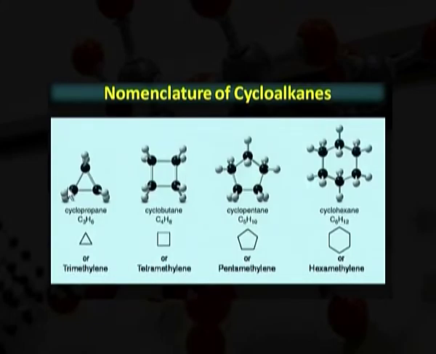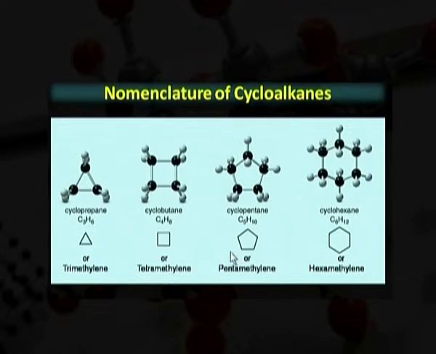This structure shows molecular formula C3H6 and the name is cyclopropane, or it is also known as trimethylene. Tri is used for 3 carbons: carbon 1, carbon 2, carbon 3. In this structure carbons are 4 in number, so it is known as cyclobutane, and also called tetramethylene, tetra for 4 carbon atoms.